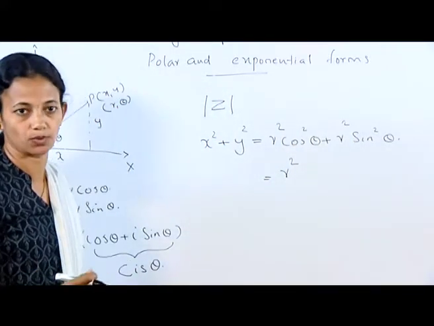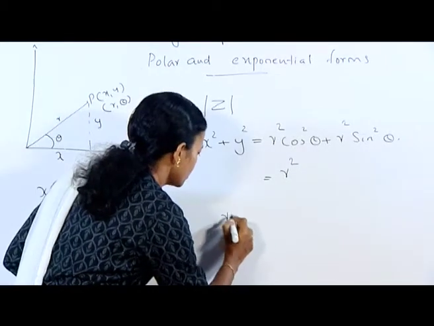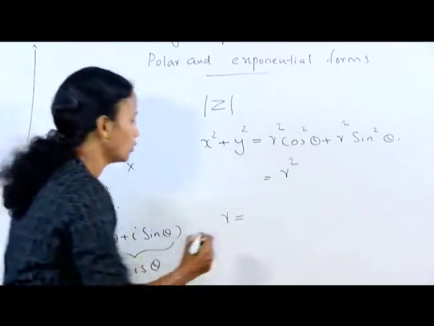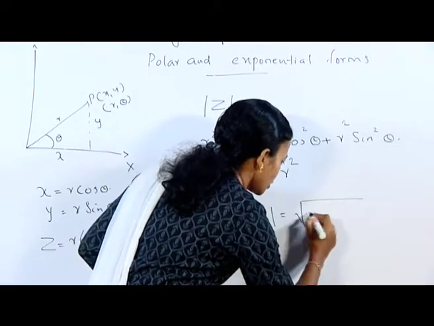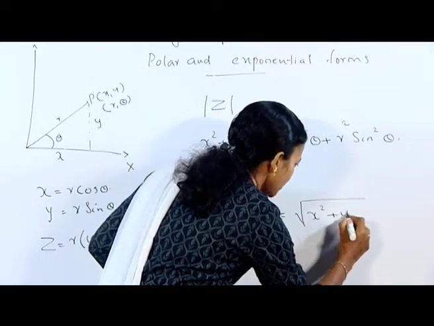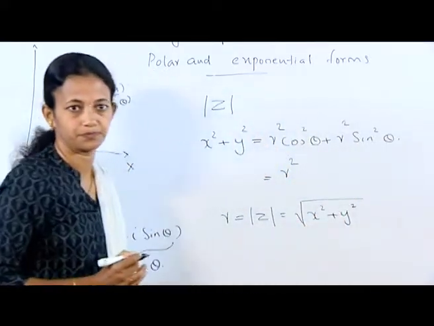It gives r is equal to mod z, which is equal to square root of x square plus y square.